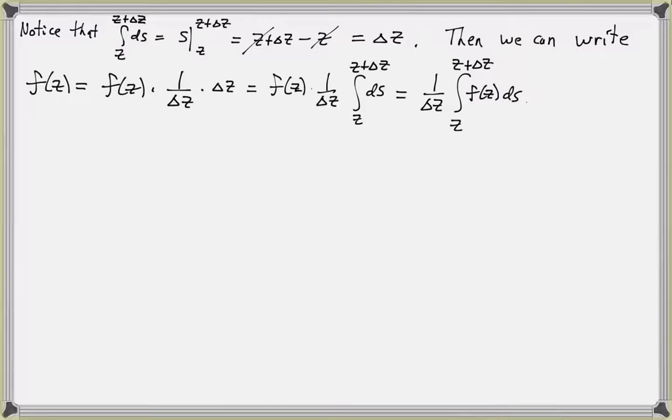So we're doing this so we can rewrite the difference quotient. Therefore, the difference quotient, capital F of z plus delta z minus capital F of z all over delta z.